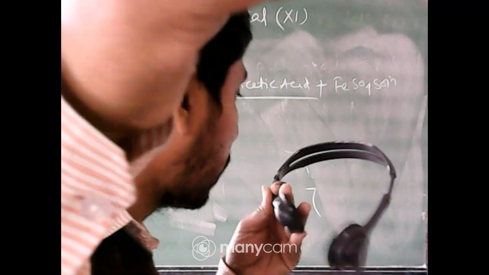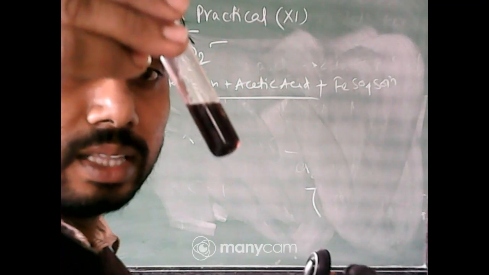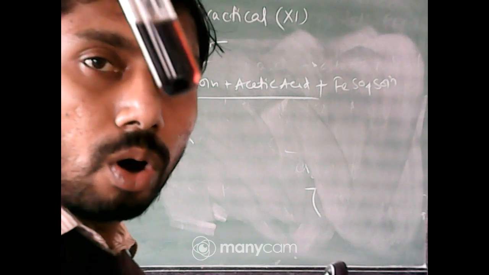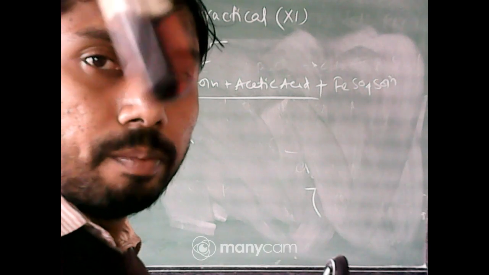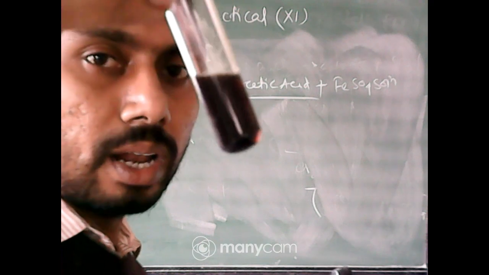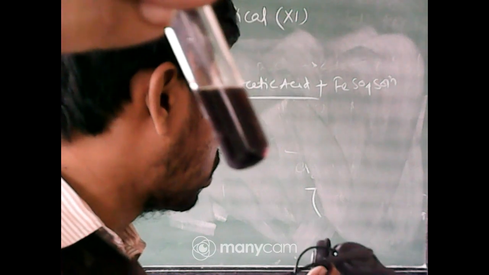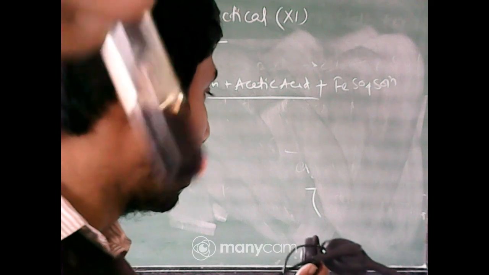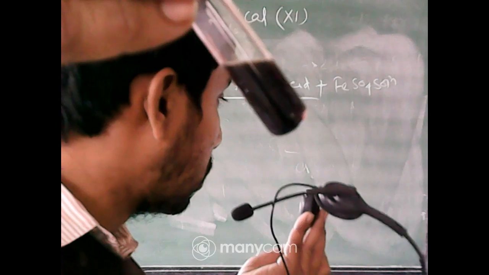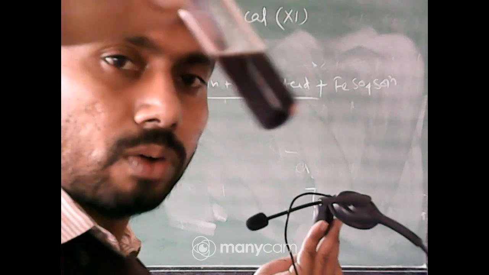Addition of the ferrous sulphate, here just see that it is dark brown, just looking like black. This is a dark brown color. Can you see the dark brown color of that?